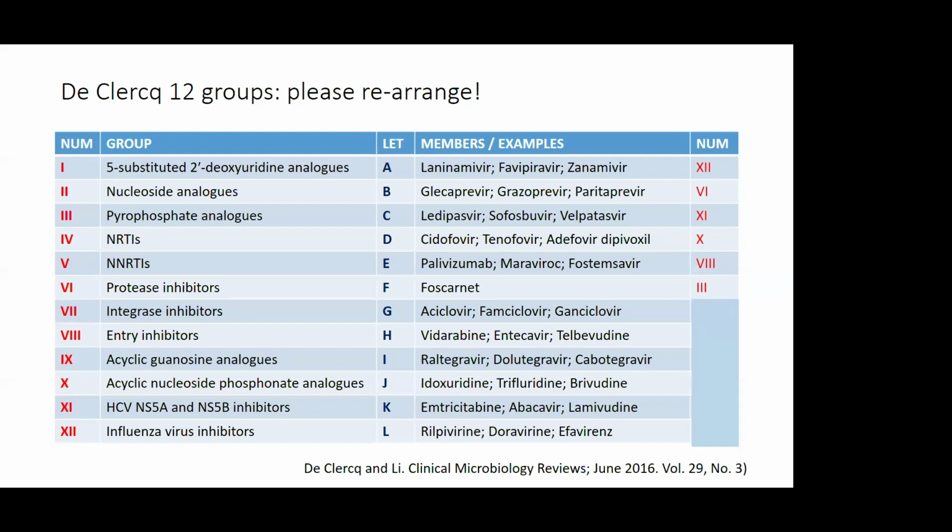Okay, what about acyclovir and famciclovir and ganciclovir and valganciclovir and penciclovir? What about them? We've mentioned in the slide with Elion, Gertrude Elion and Dr. Hitchings, these are guanosine analogs. Guanosine, but they are acyclic. They have got no cycle, so they're acyclic guanosine analogs.